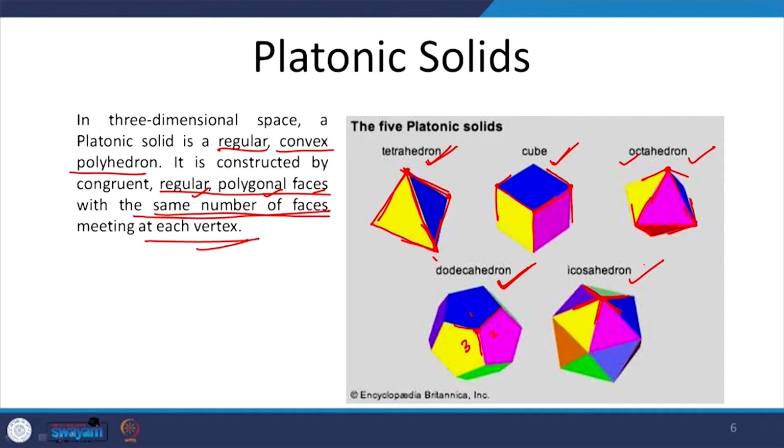So, only 5 solids actually qualify for being called platonic solids, and the condition remains that at each vertex it's the same number of faces meeting together, and these are regular faces, regular planes.